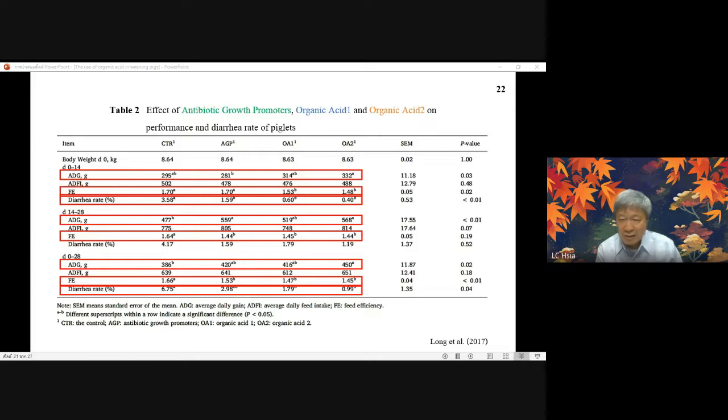They may be concentrated on one kind of oil, but in most cases they are mixed together. So why do they use medium-chain fatty acid mixed with short-chain fatty acid? Because medium-chain fatty acid can inhibit the virus.